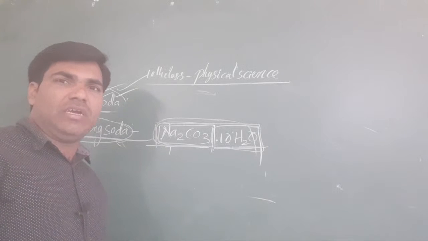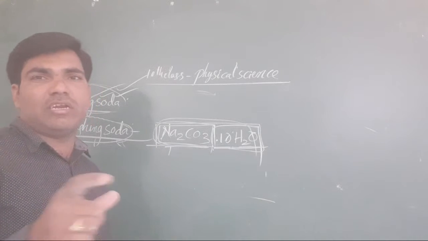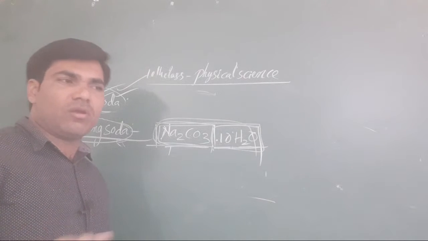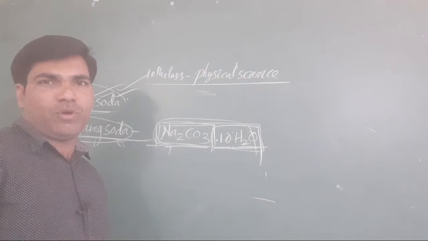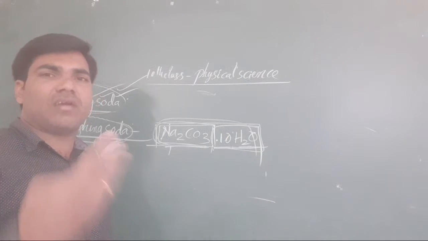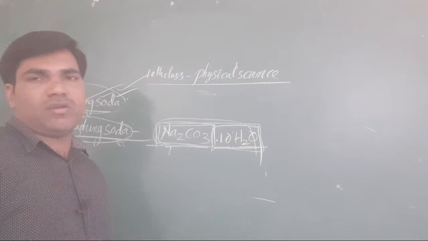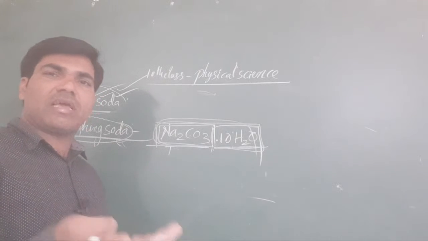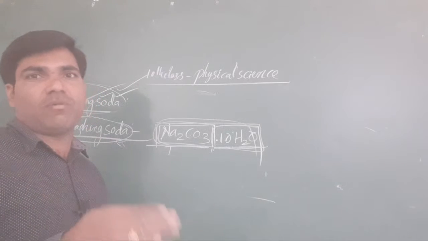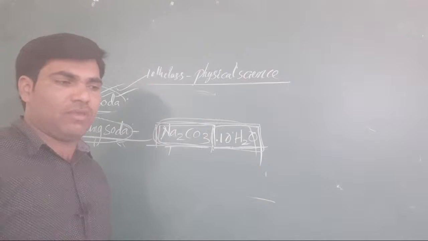That's why it is basic in nature, mildly basic. Actually it is nearly neutral, because it is a combination of acids and bases. Carbon dioxide is acidic, sodium hydrogen carbonate is basic, calcium phosphate is also basic. There are more bases, that's why it is basic.